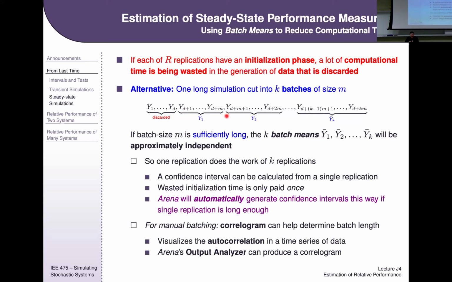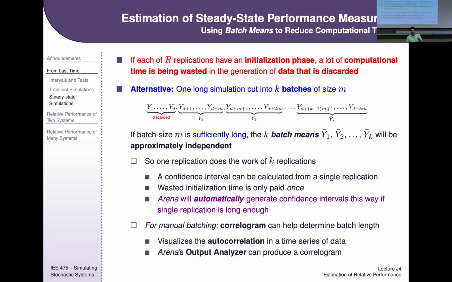And then if you just arbitrarily stop and pretend like this is a new replication at that point, if these batches are long enough, then the average waiting time for this batch will be independent of the average waiting time for this one. So if they are long enough, then one giant replication can be cut into pieces, and then each piece can be treated as an independent replication, and you only have to pay the warm-up period one time.